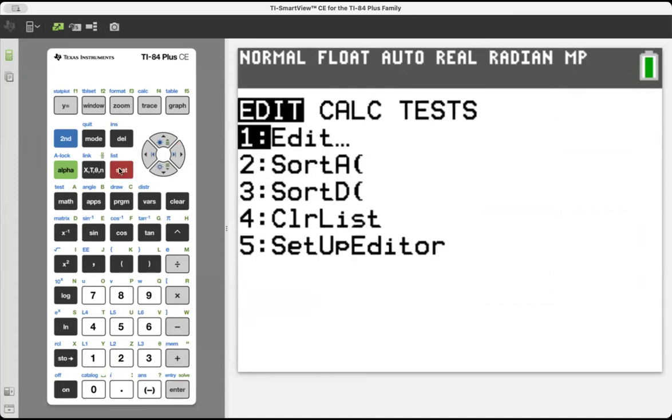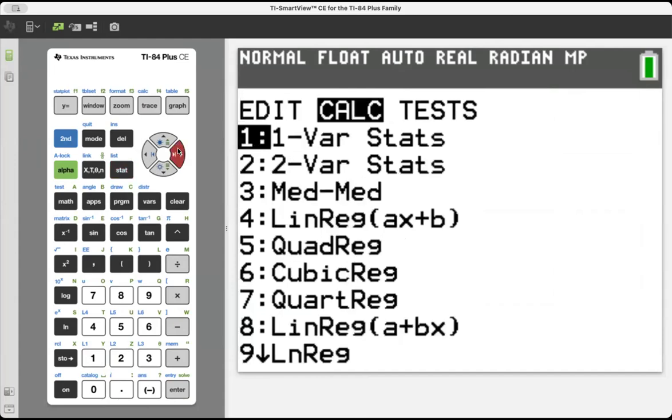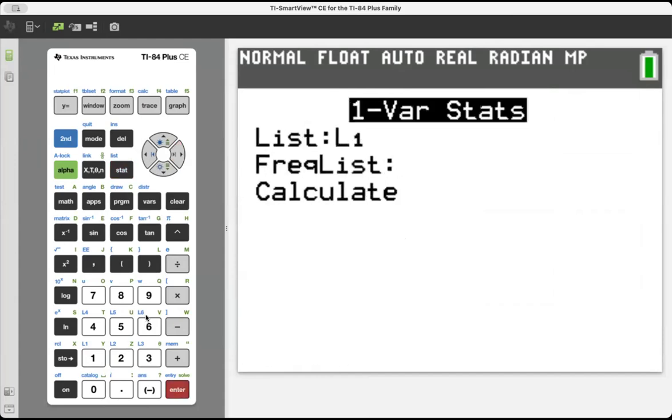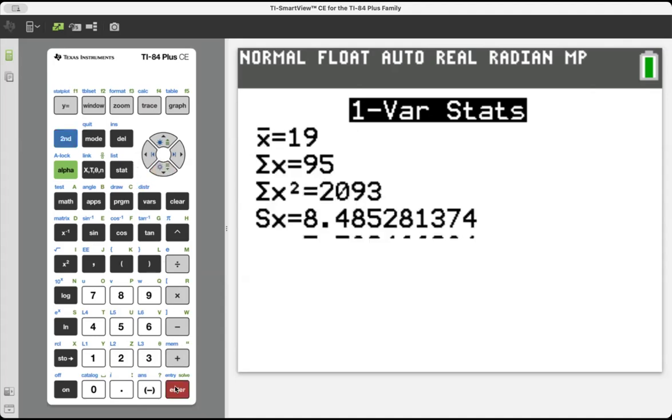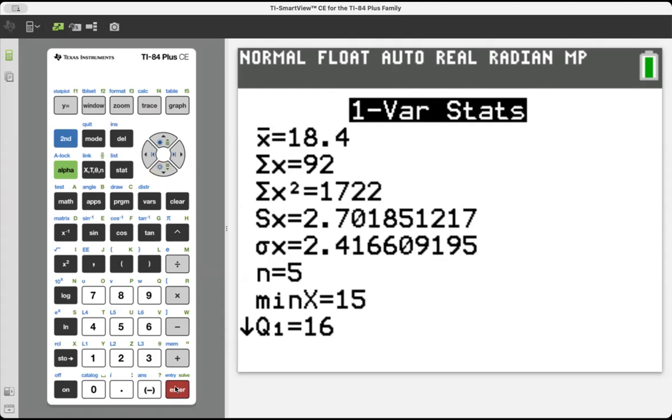And let's do the same thing with Flexicare in L2. X bar is this time 18.4 and the sample standard deviation is 2.7019.